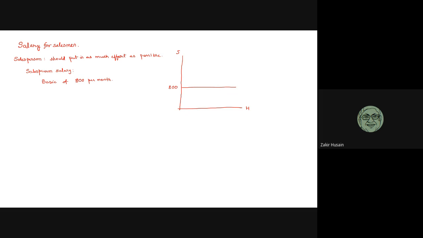So if he increases his labor hours, his disutility is going to go up, but he's not going to get any additional income. So this basic salary, if this is the only component, then the hour supply will be how much? It is a fixed one.